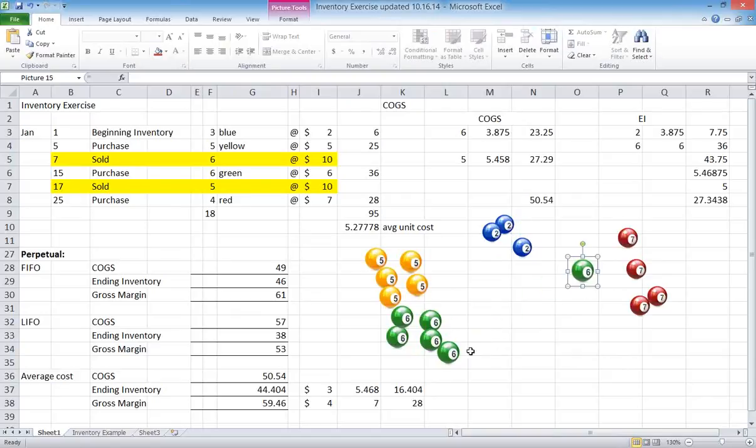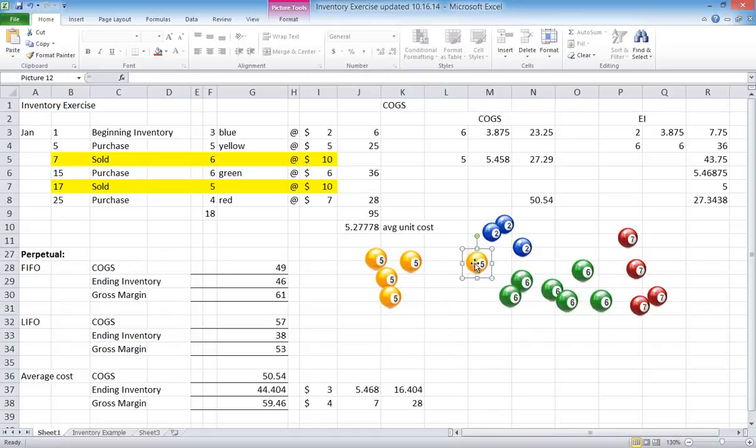So I have all of these items at the end of the month. They were all purchased during the month. And I need to determine what's my ending inventory under FIFO if I'm using periodic. Well, I sold 11, first in, first out.